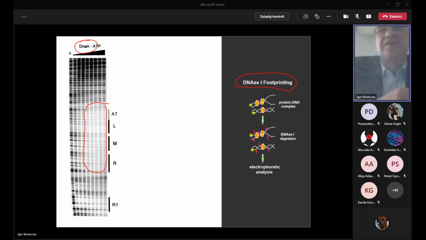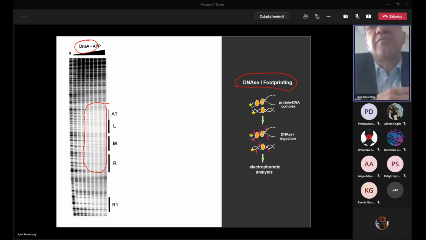And you can see on the right side of this slide how this experiment is performed. Usually we label one end of the analyzed DNA fragment, and this fragment has to be hundreds of nucleotides long.